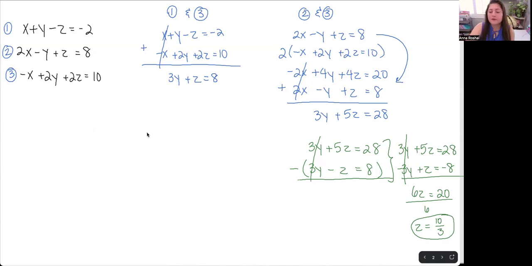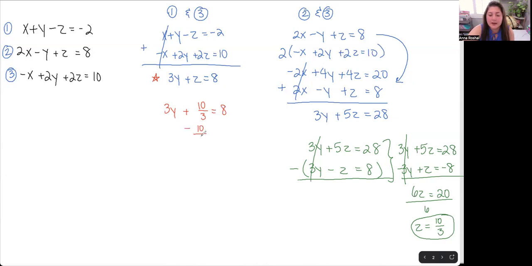Okay, so once I have z, I can then replace the z with 10 over 3 and solve for y. So I'm going to choose this one so that I don't have to multiply z by anything. So 3y plus 10 over 3 equals 8.